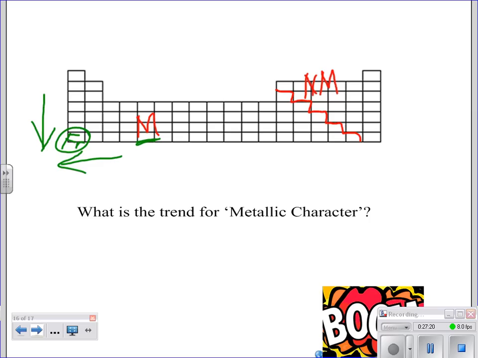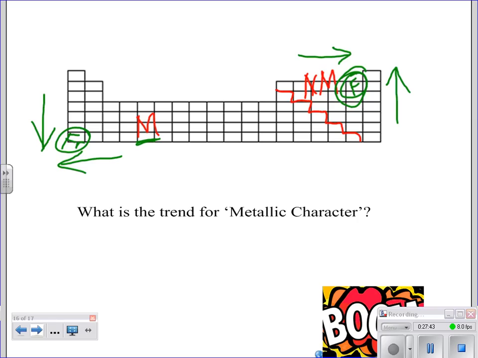And as far as nonmetals go, what's our most active nonmetal? Fluorine, right here. What makes an active nonmetal is the ability to gain electrons: high electronegativity, high ionization energy. It's going to take a lot to grab one of those off. Really small radius, close to the nucleus.